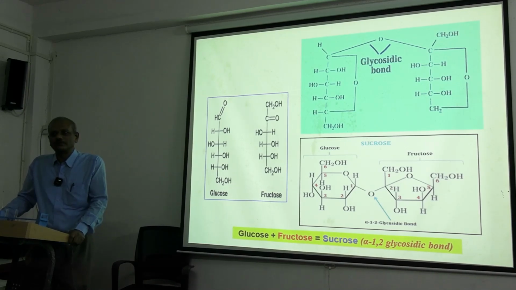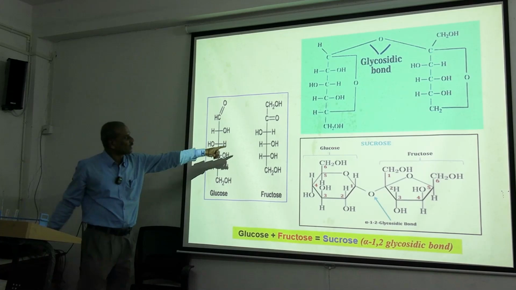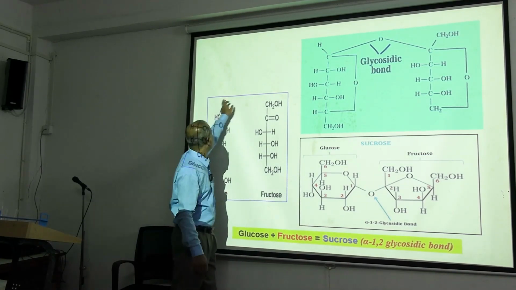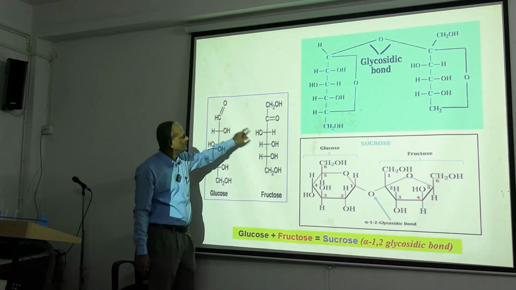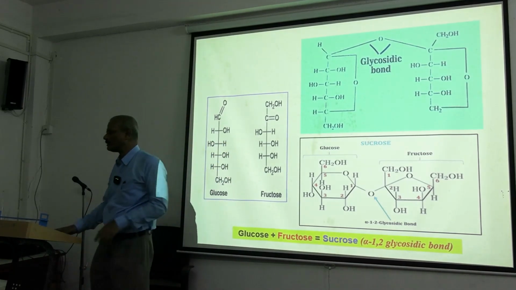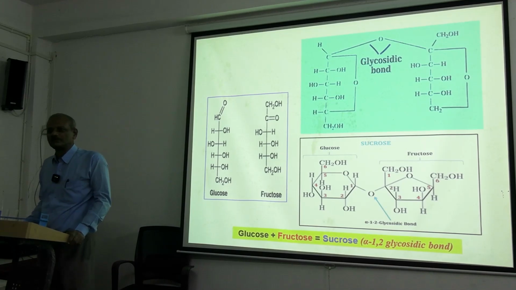What about ketone group? Ketone group is also not free. So 1 and 2 glycosidic bond is there. In one position aldehyde is there, in 2 position ketone is there. So both get involved in glycosidic bond, and that is the reason why sucrose is non-reducing sugar.